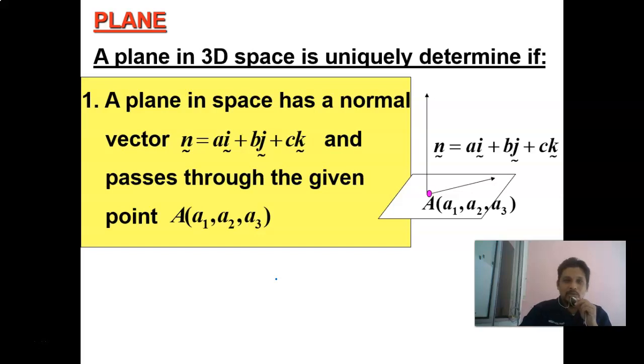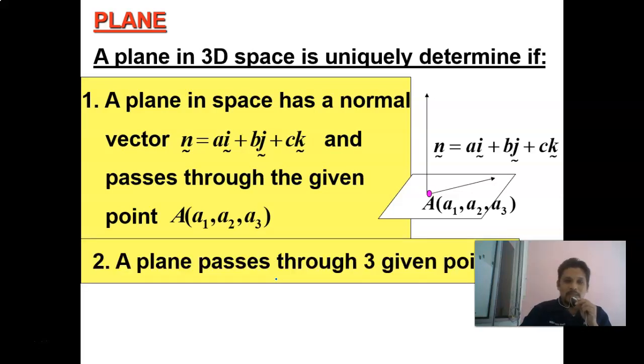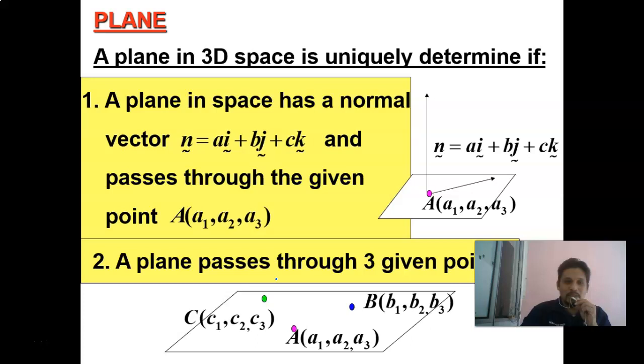Okay, so a plane in 3D space is uniquely determined if the plane has a normal vector n and passes through the point A, okay? Or, in number 2, a plane passes through 3 given points.